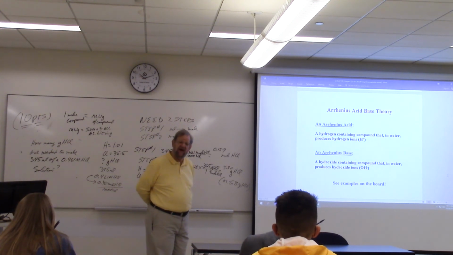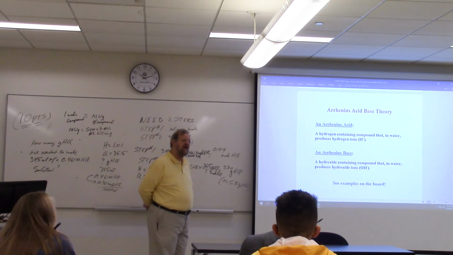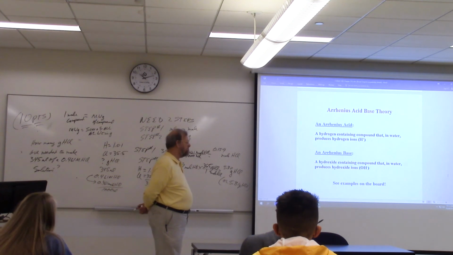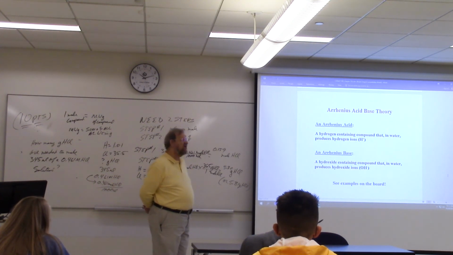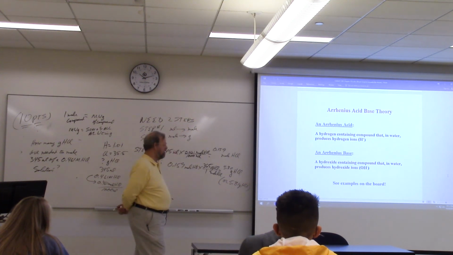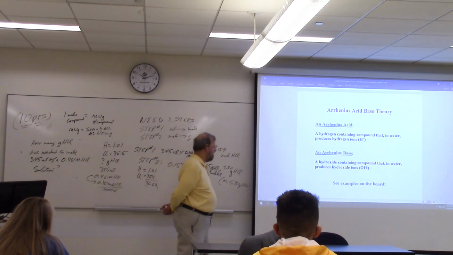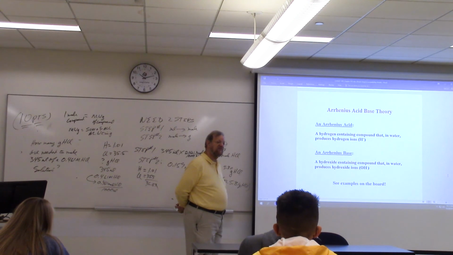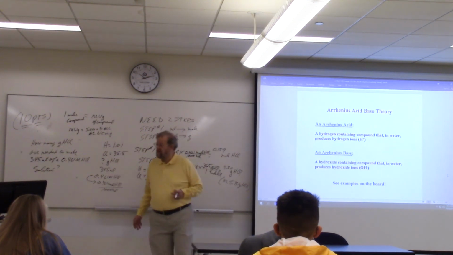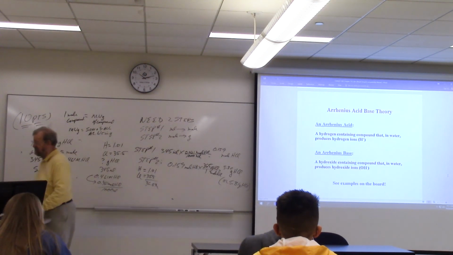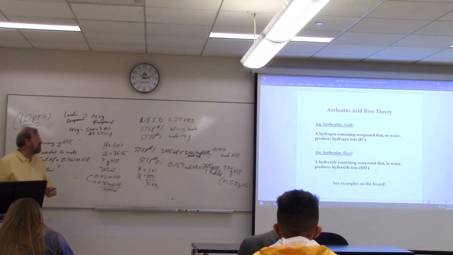And hydrogen ions we define as H+, a hydrogen with a plus charge on it. And an Arrhenius base is a hydroxide-containing compound, hydroxide is OH-, that in water produces hydroxide. And it says, see board for examples, so I better do that.